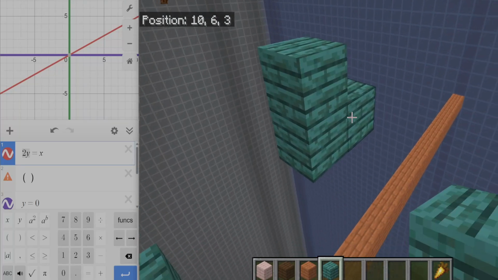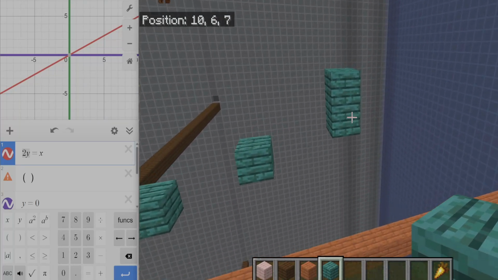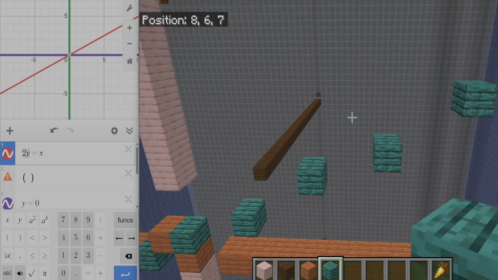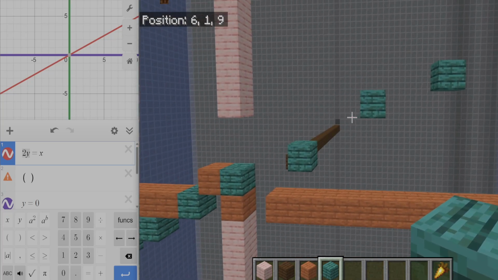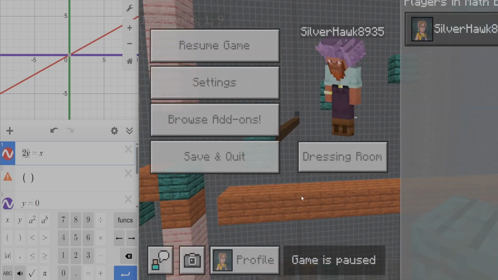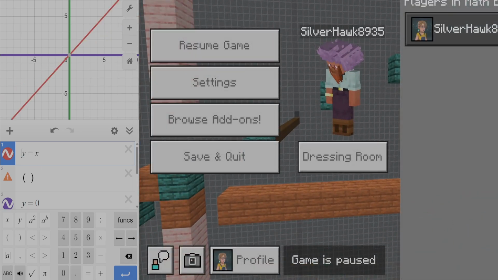One too far. Whoops, and then get rid of that. So this slope here is an even more gradual staircase, right? So this one looks like this on this graph.